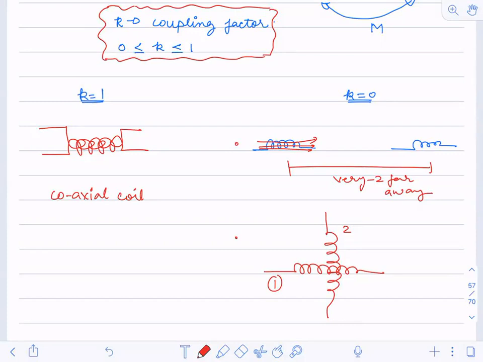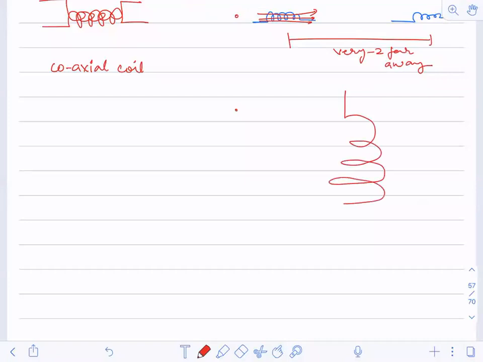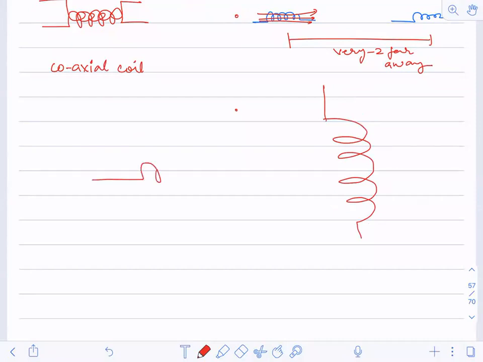Now you just see one thing. I'll remove this figure and try to draw a bigger diagram. Now all of you see this area.